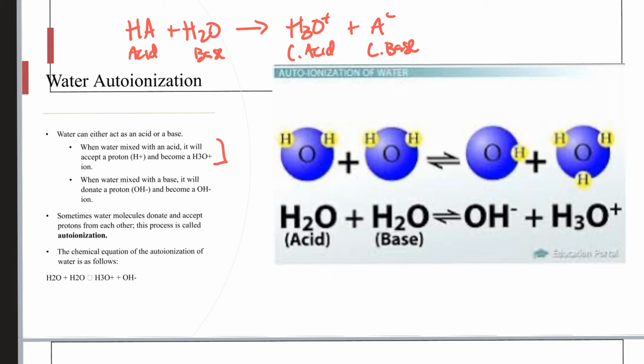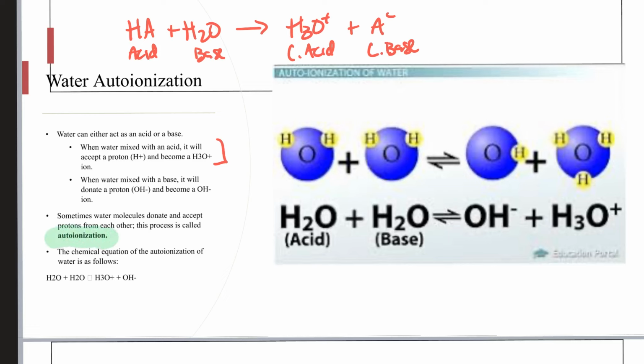But when water is mixed with a base, then it acts like an acid, the complete opposite of this. But sometimes water could actually react with itself.